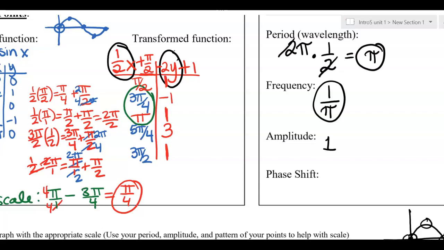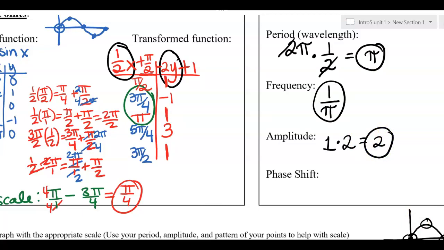We don't want amplitude to be negative. It's a distance measurement. We always want it to be positive. So the negative part doesn't matter to us because that's the reflection. Okay. The 2 matters to us because it made these distances 2 times longer than they were before. So if the peaks used to be 1 unit from the center, they were just stretched 2 times more than that away from it. So 1 times 2 ends up equaling 2 for our amplitude.